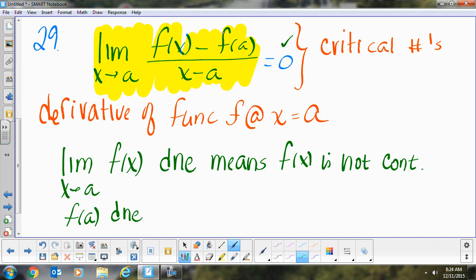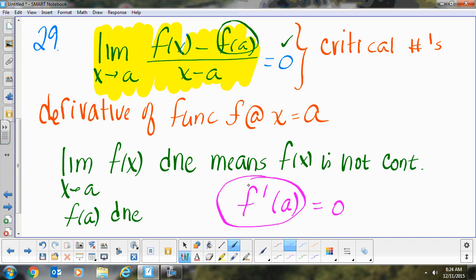If there is no y value, how in the world could you do this limit and get 0 without a y value at a? Is that possible? No. So B is bad. What they're saying here is they're saying f prime of a is equal to 0. What is this saying? What does this mean?